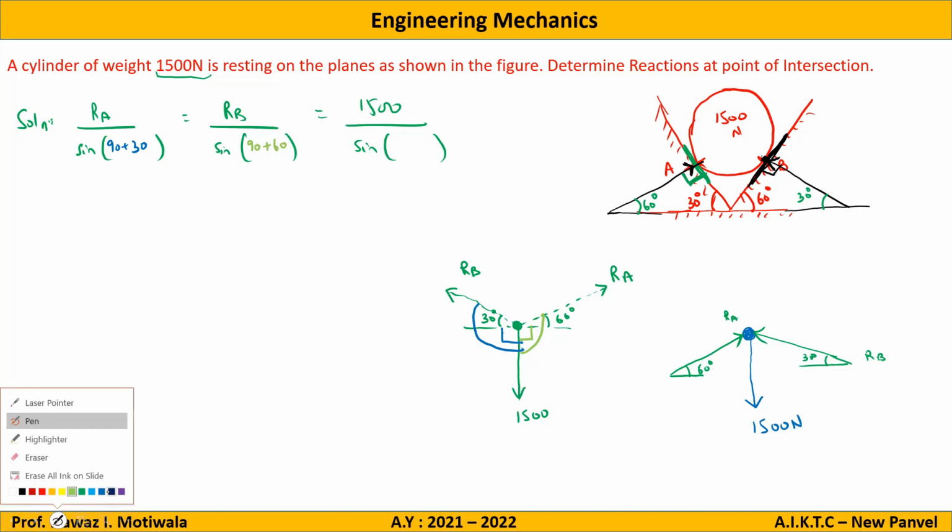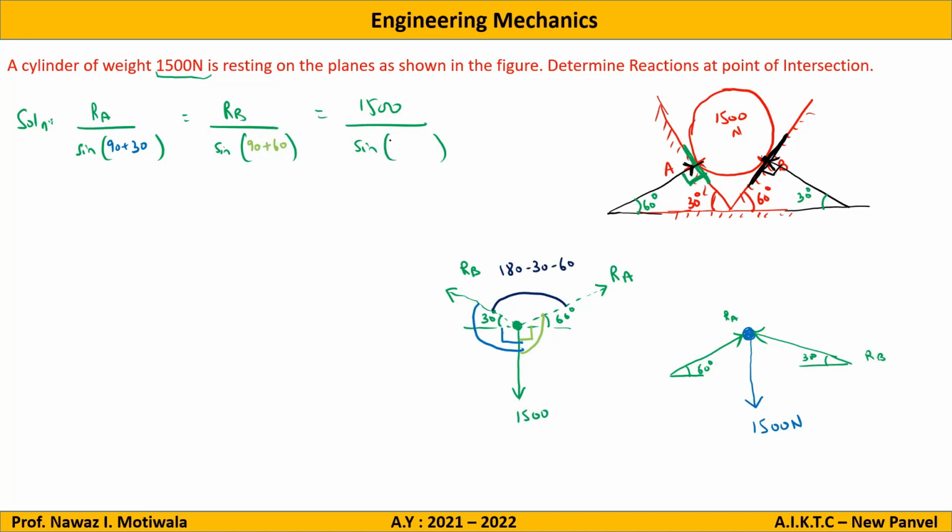And then finally, for the third force, I need the angle between these two forces. So it will be 180 minus 30 minus 60, which is 90 degrees. Any doubt? No, sir.